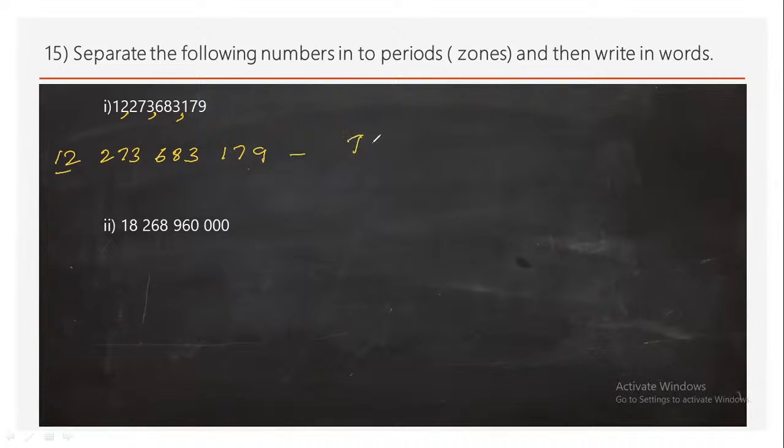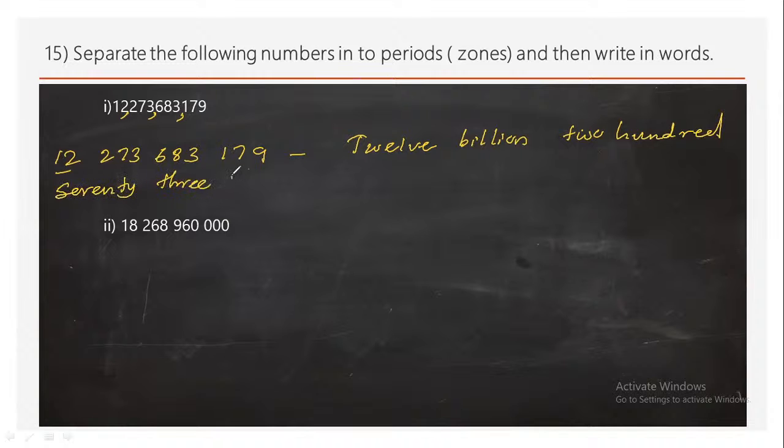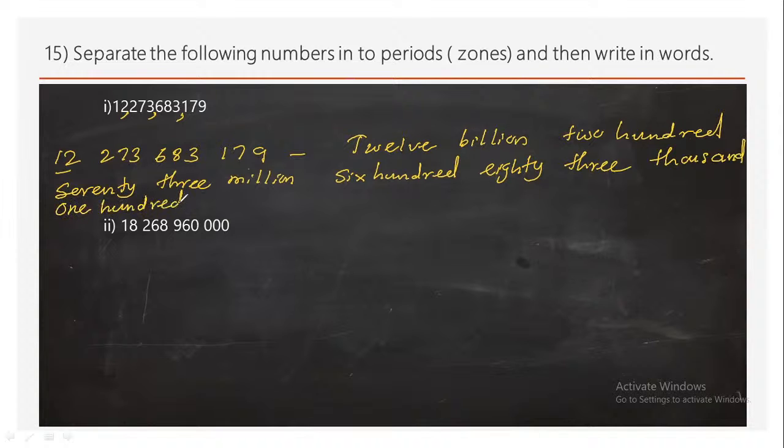So we can write 12 billion, 273 million, 683,000, 179.